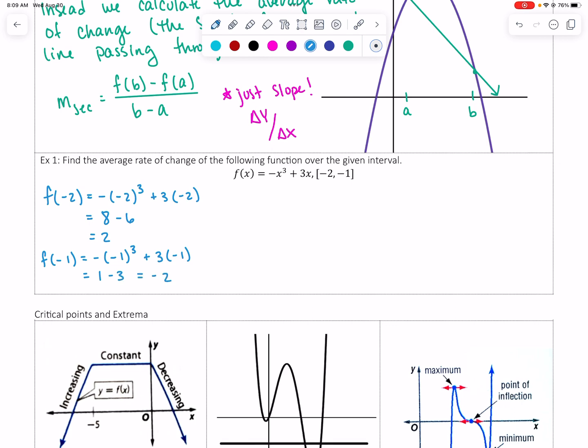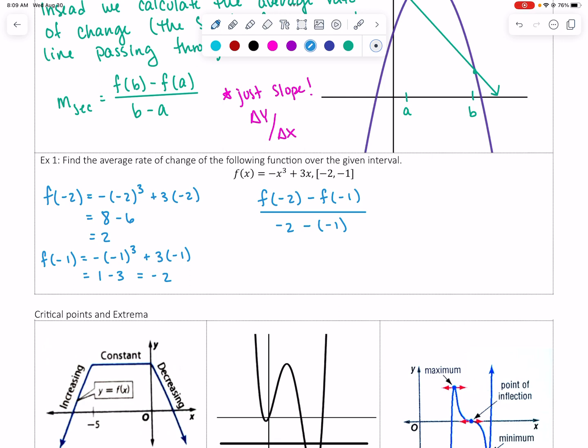Okay, so there is the top part of this, right? The top part of the average rate of change is going to be f of -2 minus f of -1 all over -2 minus -1. And it doesn't matter which order you go in, as long as you go in the same way.